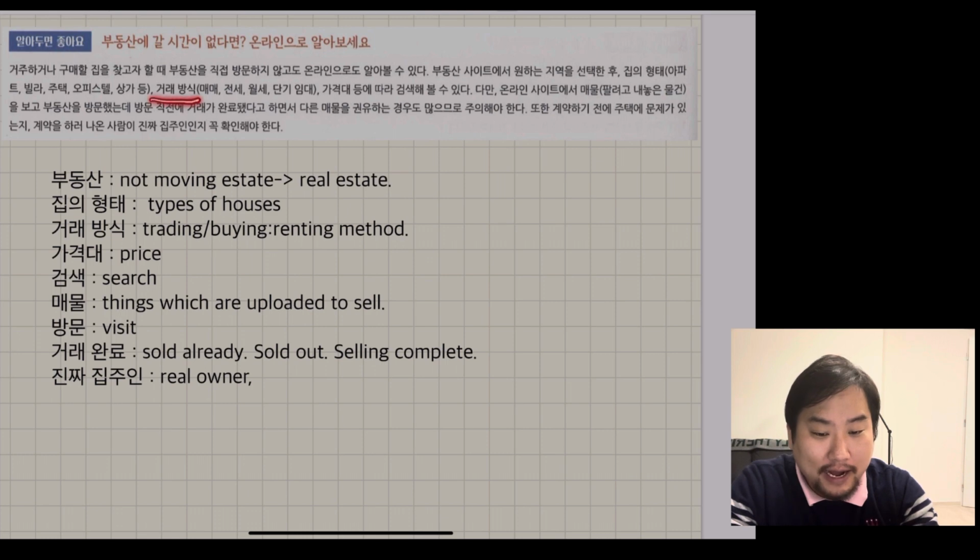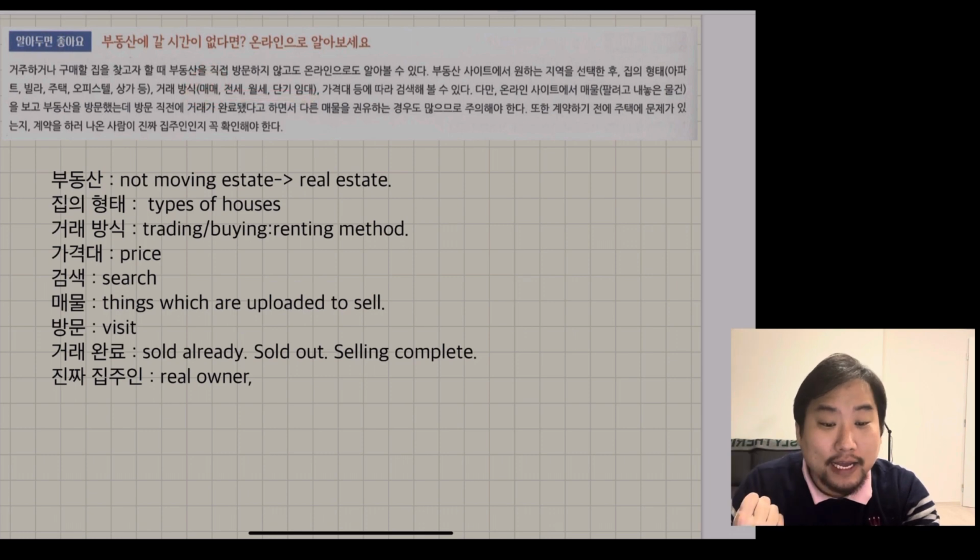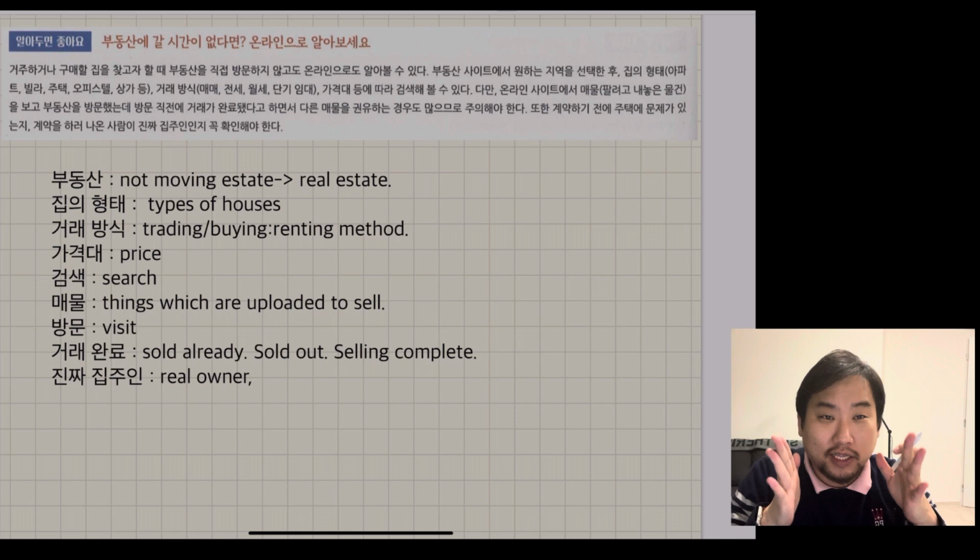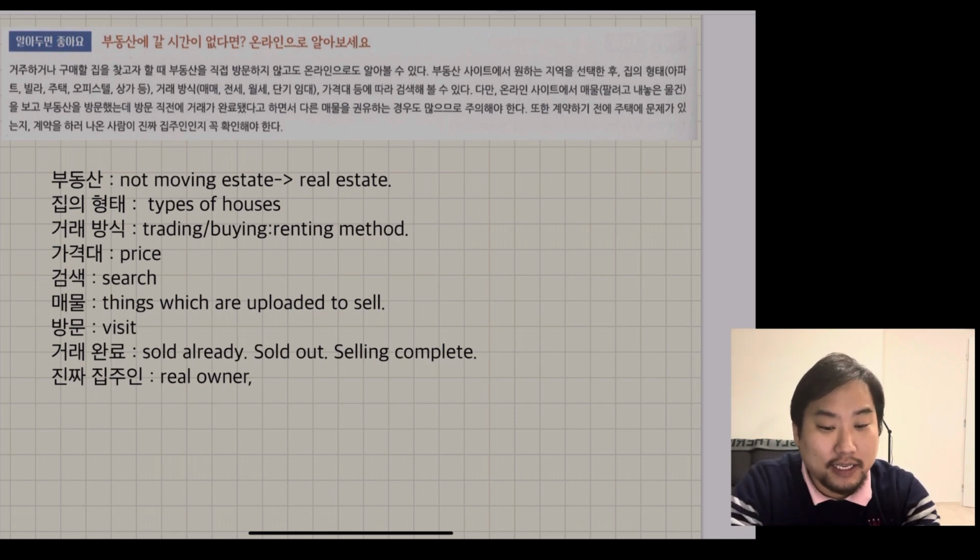And 거래 방식, it means trading, buying, or renting method. It means also how you buy. 매매, it means you buy. 전세 월세 is borrowing and 단기 임대 is short-term renting, something like that. And 거래 방식 and 가격대, the price에 따라 검색해 볼 수 있다.